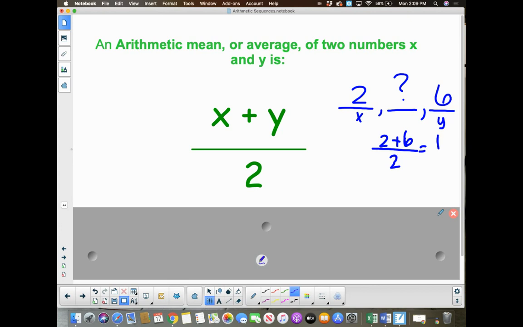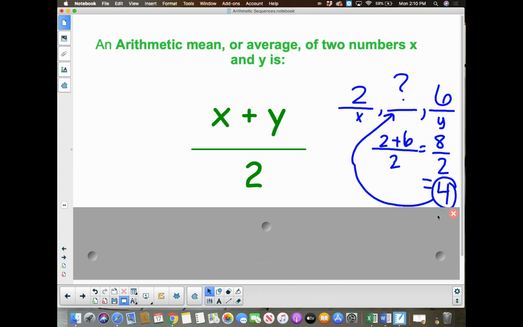So 2 plus 6 gets me 12 divided by 2, or 12. See, I'll still make mistakes too while videoing. 6 plus 2 is 8. Divided by 2 gets me 4. So if you notice, if that gets me 4 here, that's exactly the missing term. So that's how your arithmetic mean works.